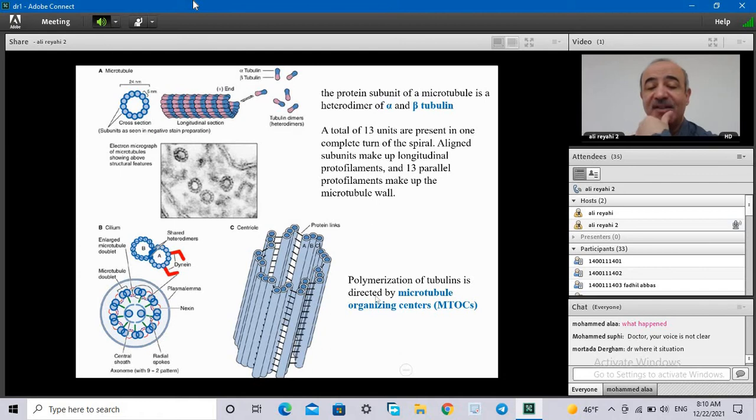This structure is called the microtubule organizing center, or MTOC, because polymerization of the tubulins is directed by the microtubule organizing center. So you can see the different arrangements of the microtubule in different structures in the cytoplasm of the cell. All of these structures are formed by the microtubule.